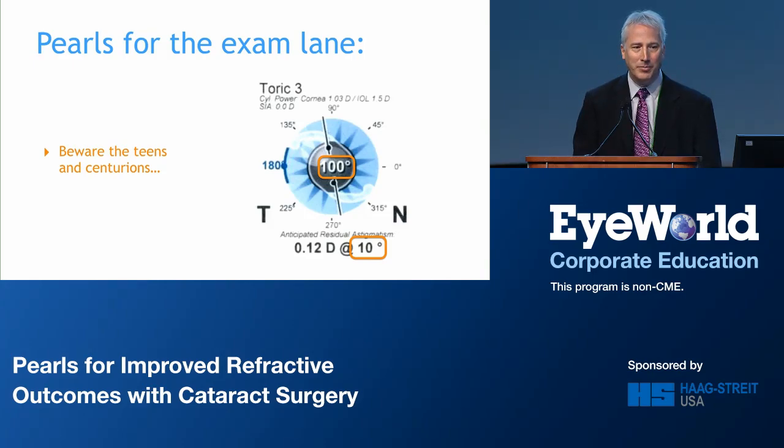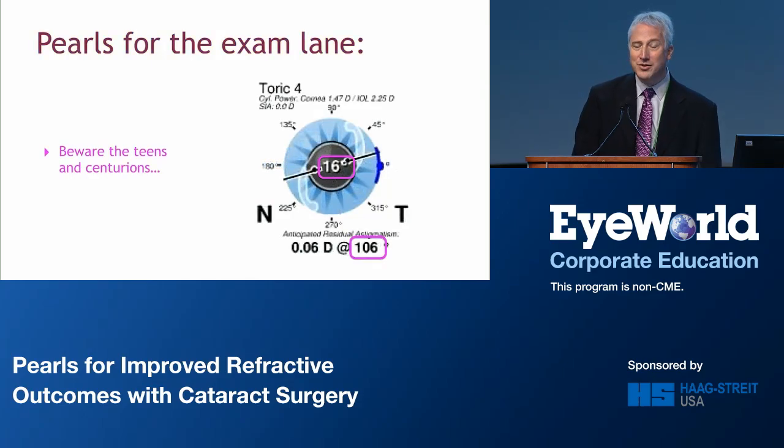That's a 90-degree flip. And though there's not much left over, you could see how, especially with the degree marker, you might inadvertently write down 10 instead of 100 or 100 instead of 10. Do not be confused. Always be alert to look at the steep axis that's in the center. Ask me how I know. Also beware of the teens, because all of the teens are also going to look similar.